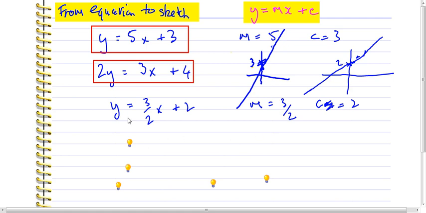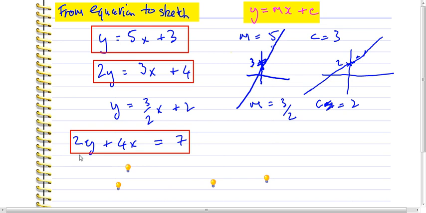Let's look at another example. This time we've got 2y plus 4x equals 7, so we've got some more algebra to do, some more manipulating of the equation before we've got it in standard form. First thing, we take the 4x over to the other side and it becomes minus 4x. Or if you like to think, I take 4x off both sides.